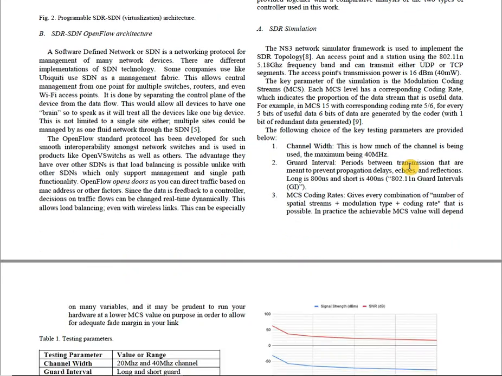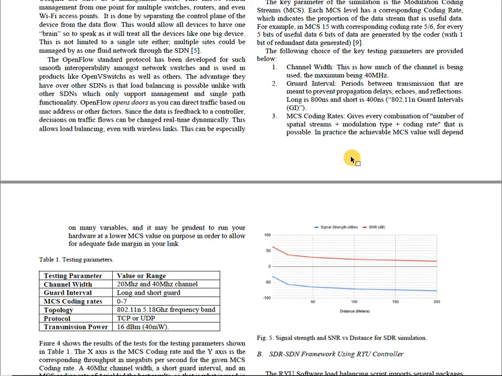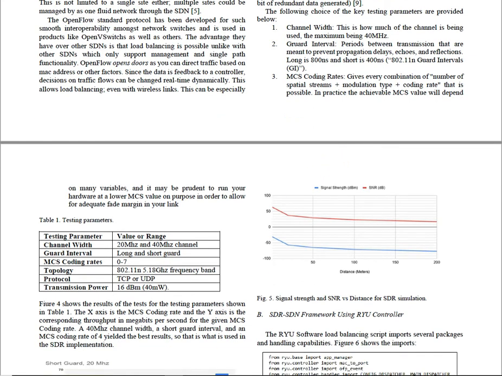So next we talk about the simulation parameters that we associate with our network. In this case, we talk about simulation parameters, for example, channel width, guard, this should be guard interval, MCS coding rates, and these are the primary key testing parameters associated with such testing.